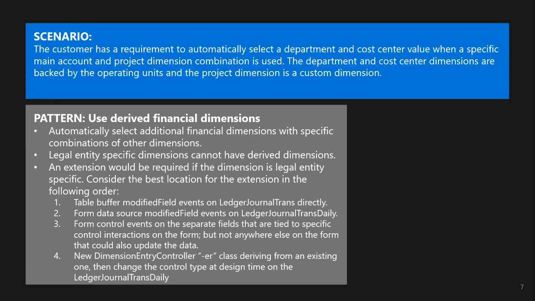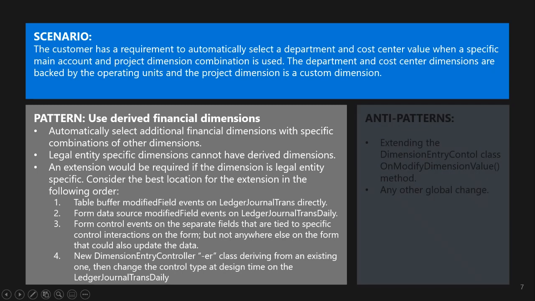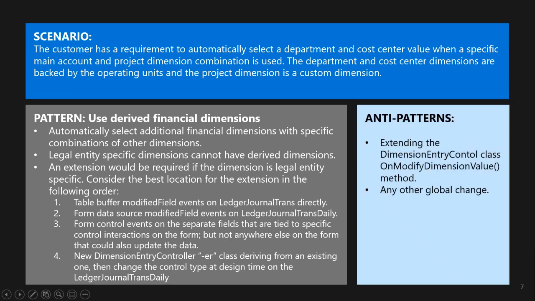Okay. I see. That's a lot of techie talk there, Eric. Well, yeah. Hopefully you can use the derived dimension for scenarios like this, but only if it's not legal entity specific.